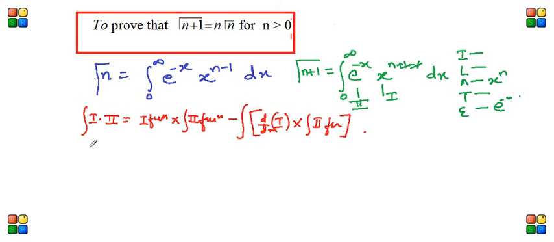So after applying this formula, the first function is x raised to n and the second is e raised to minus x.